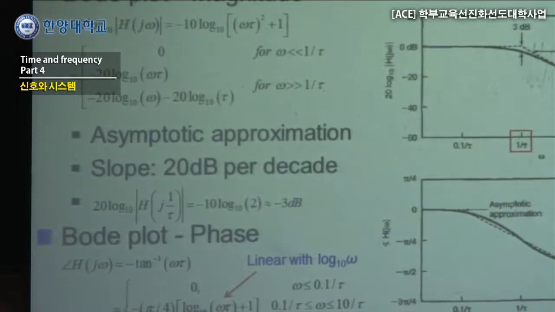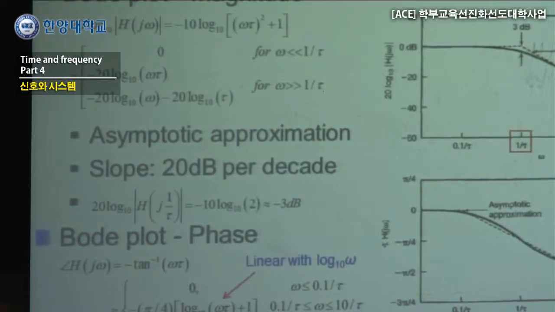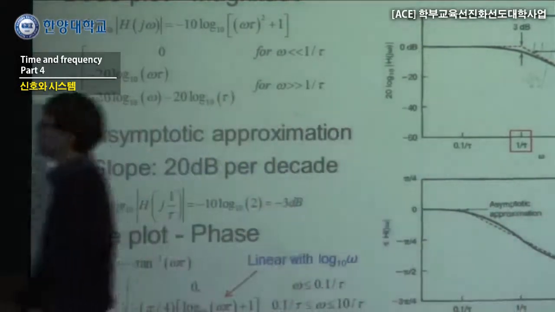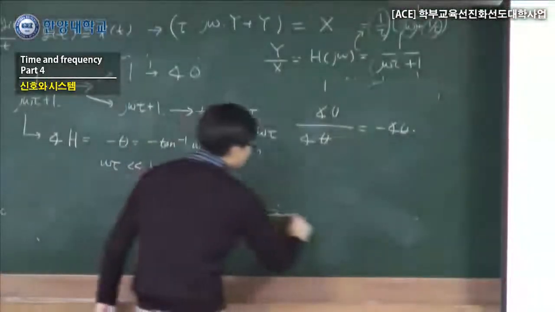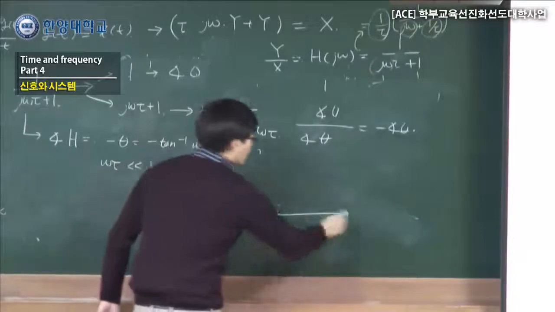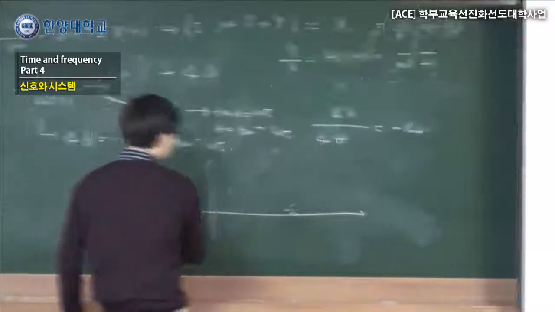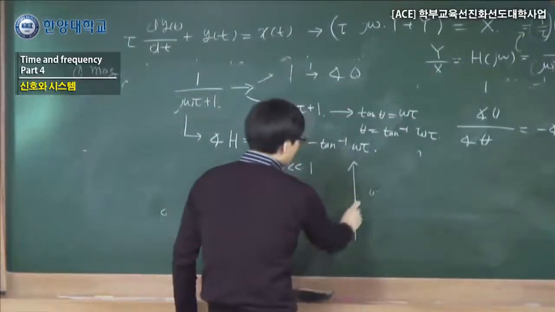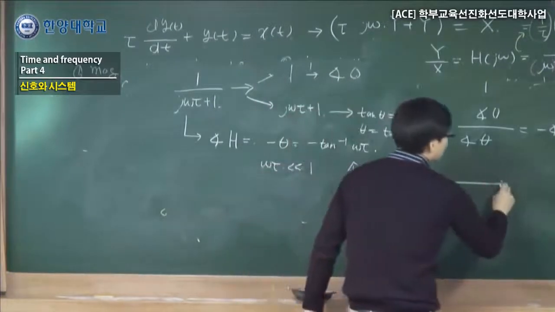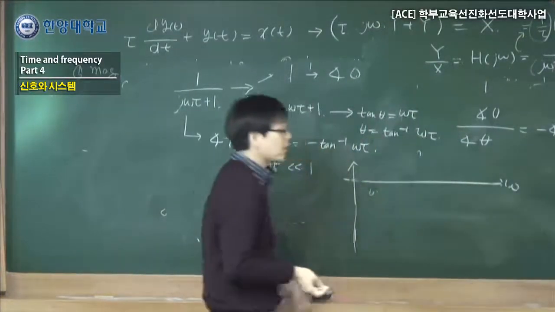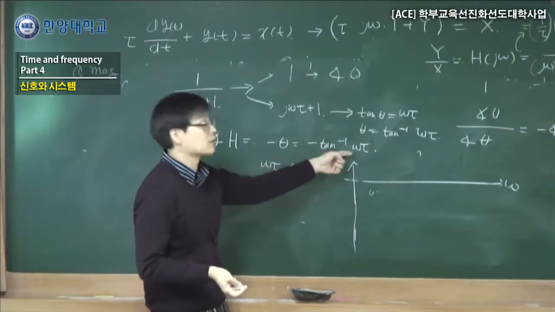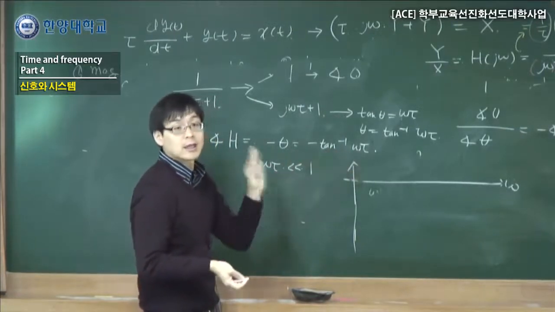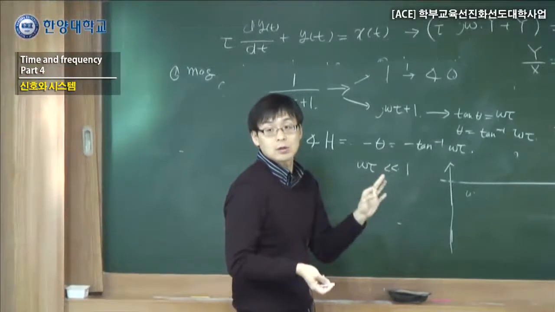Then we begin to draw it. So in case of phase, similar to our magnitude, but it's slightly different, more complex than that. In frequency, this is phase. When the omega tau over here is a very small value, then theta is close to 0.